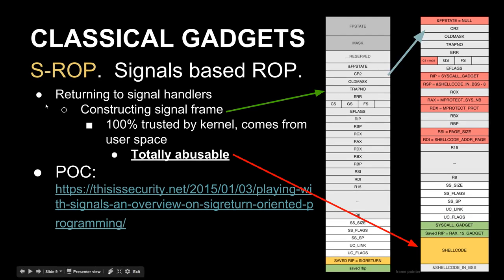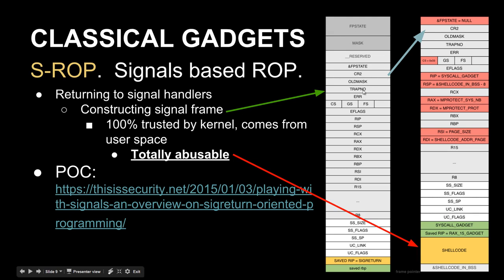The way SROP works is that on the left we have what a signal handler expects to be constructed before entering the kernel's signal handler. This is supposed to be constructed by user space. The kernel 100% trusts that it is valid. However, this trust is misplaced, and this signal frame is completely abusable.